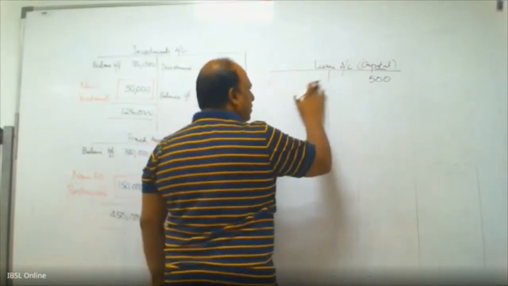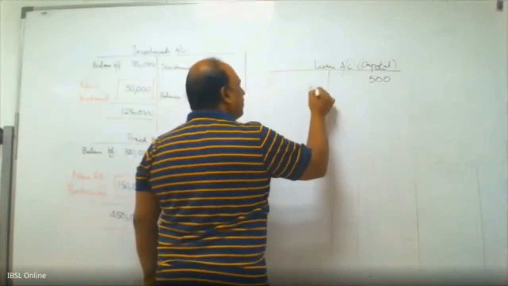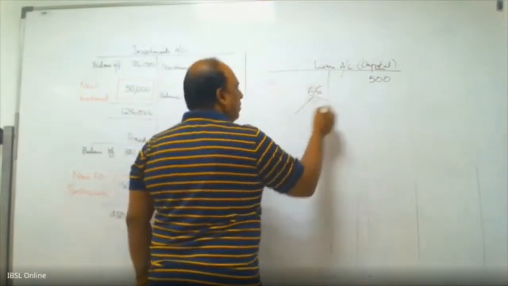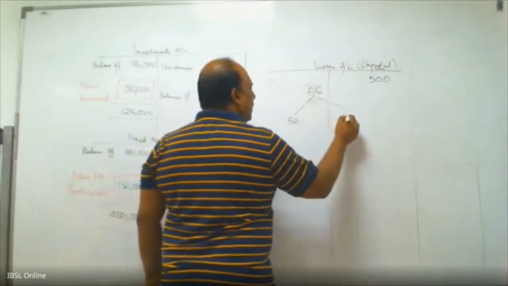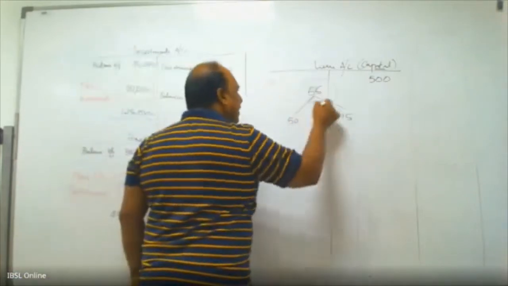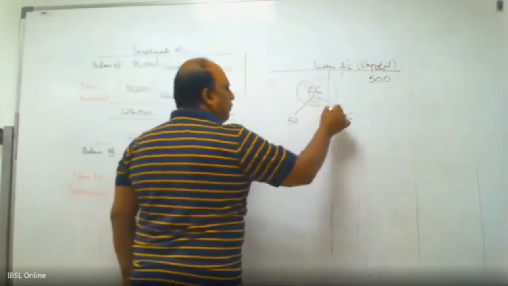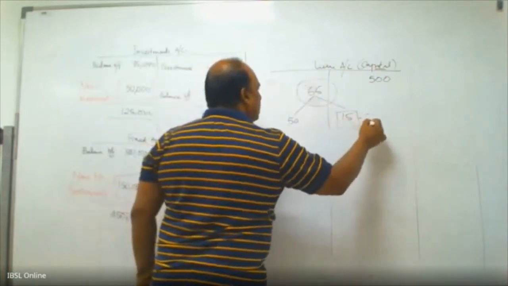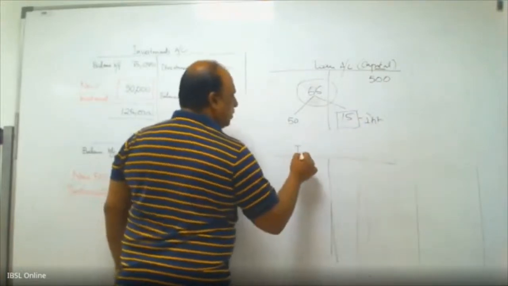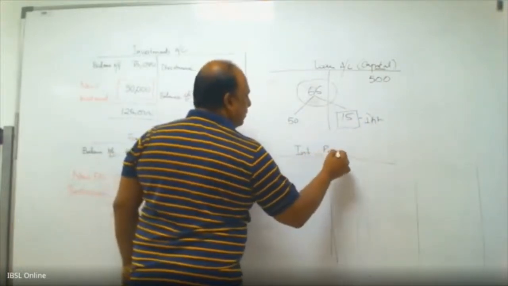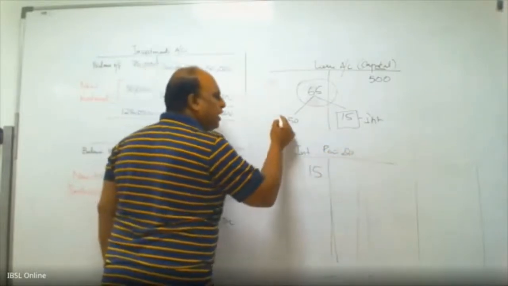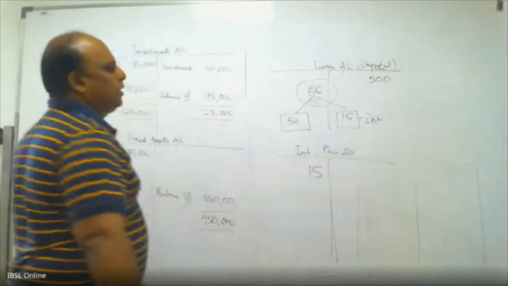Or in other words, in this question, they say 65. Out of the 65, 50 is capital, 15 is interest. So you can't debit 65 here. The 15 interest should go to interest paid. So only 50 can go to the capital account.